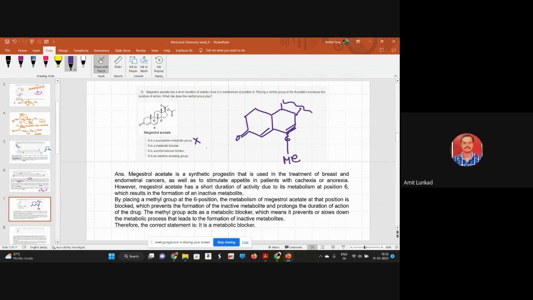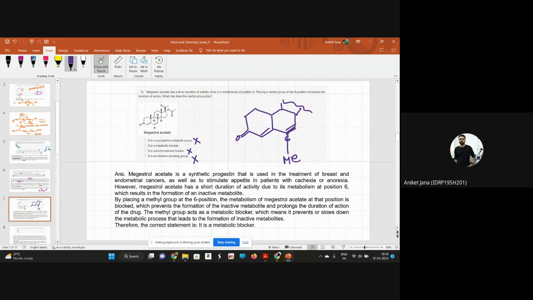Then it is a conformational blocker. No, because if it is a conformational blocker, then it cannot increase the duration of action. And it is an electron donating group. No.